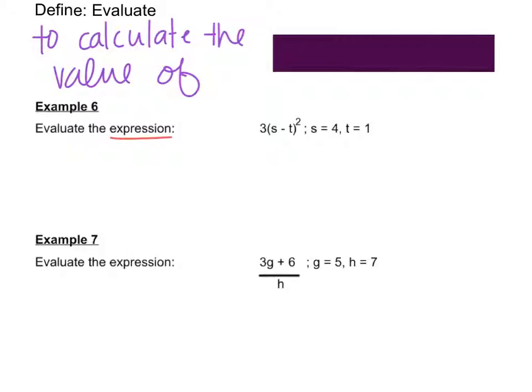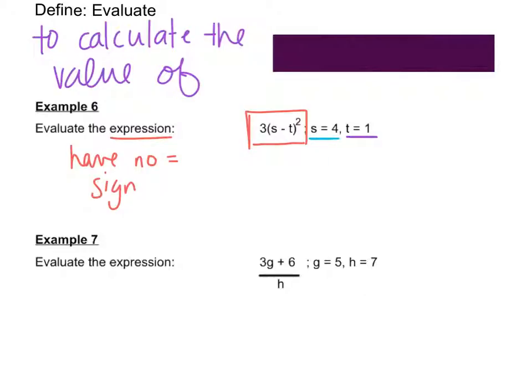Expressions, remember, have no equal sign. Unlike an equation. But we have the expression 3 times the quantity s minus t squared. Then off to the side it tells us that s equals 4 and t equals 1.